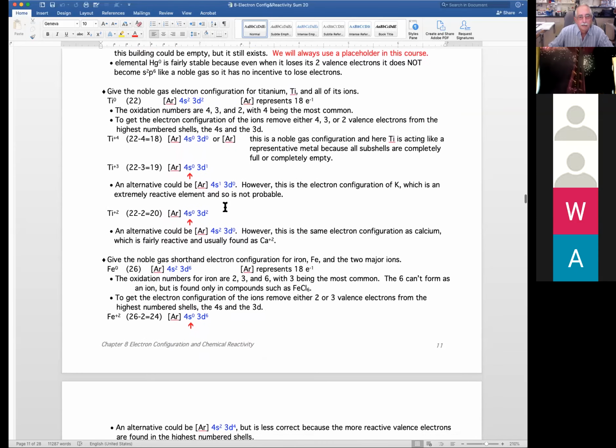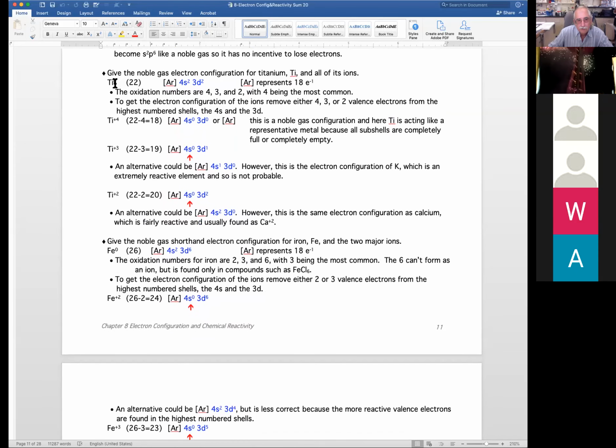So here's titanium. Here's the electron configuration for titanium. And here's the oxidation numbers, 4, 3, and 2. So here's the 4. Notice that it took all of its valence electrons and got rid of them. And now it is like a noble gas.